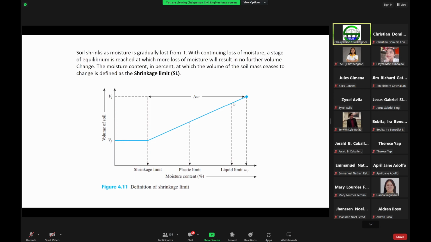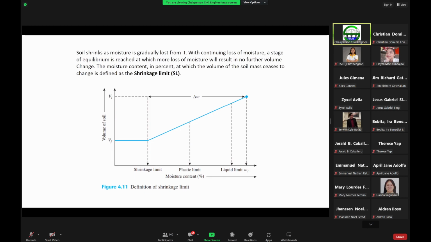Here you have a decreasing volume of soil as the moisture decreases. But once the soil reaches its shrinkage limit state, the volume of the soil will be stable, and that will give you your final volume.